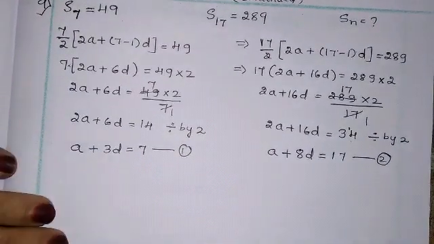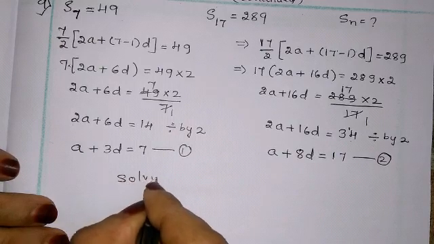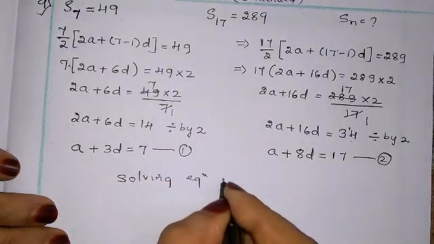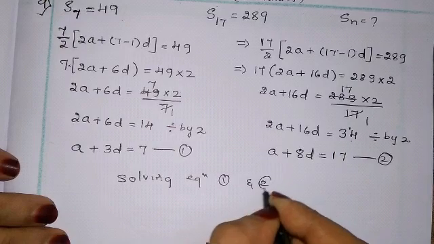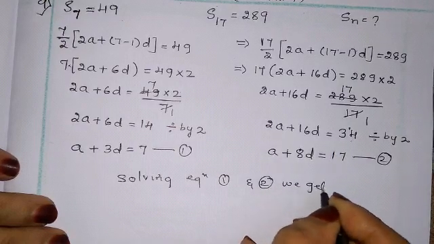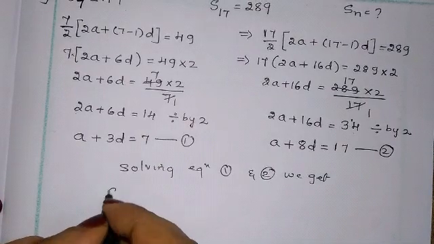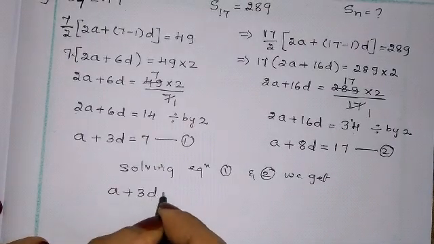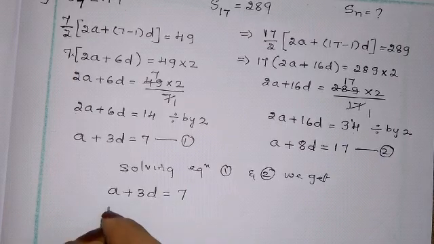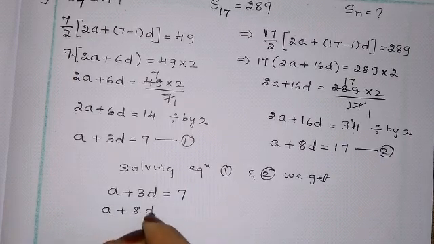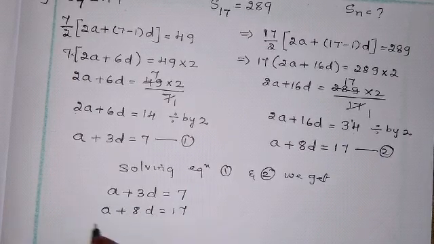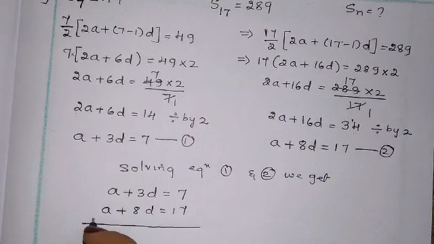Now, solving equation 1 and 2, what do we get? In previous questions we have solved so many problems based on this method. a plus 3d is equal to 7. a plus 8d is equal to 17. We have to change the sign of the second equation.